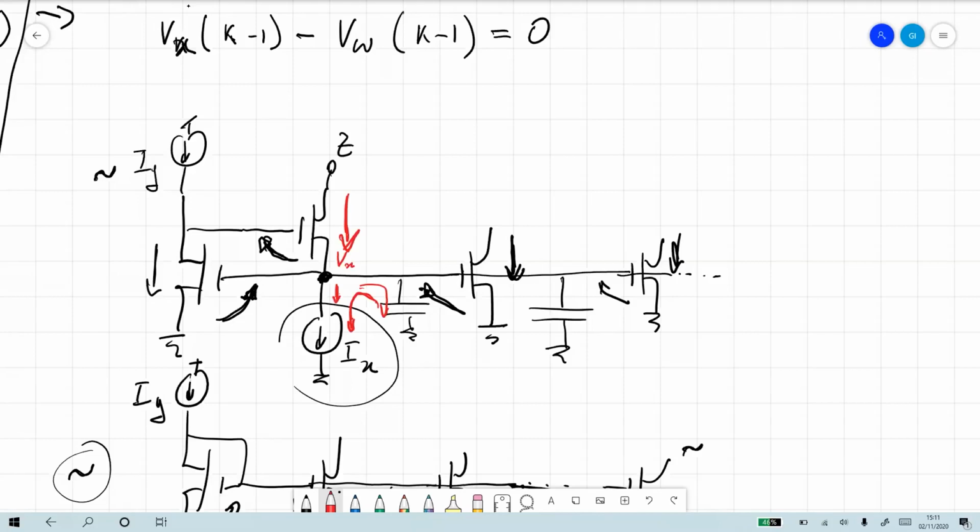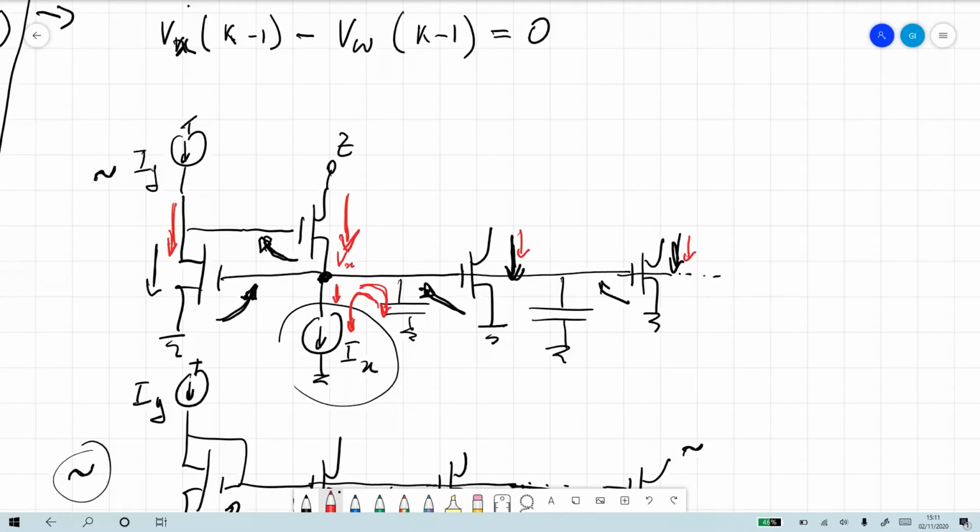So Ix is the one that's actually making sure that all these capacitors are quickly charged and discharged. And Ix can be nanoamps or tens of nanoamps or hundreds of nanoamps. And whenever Iy changes here, that signal can actually be copied very quickly across.